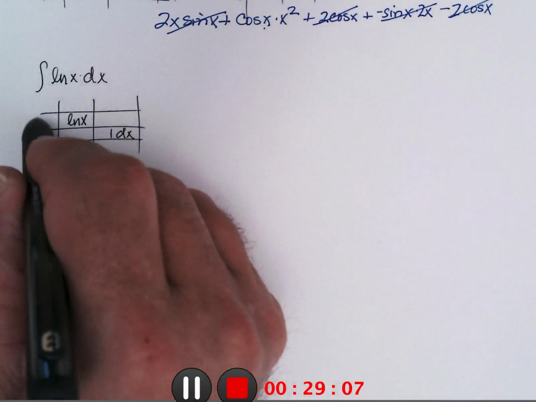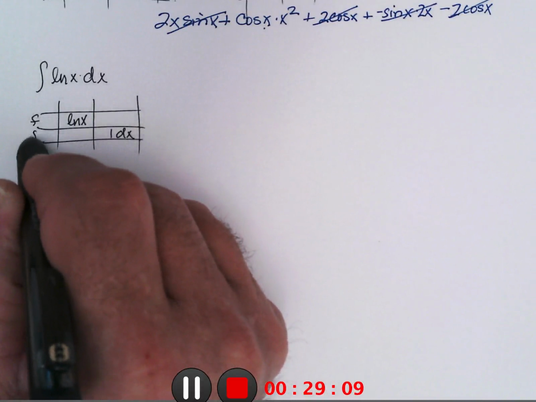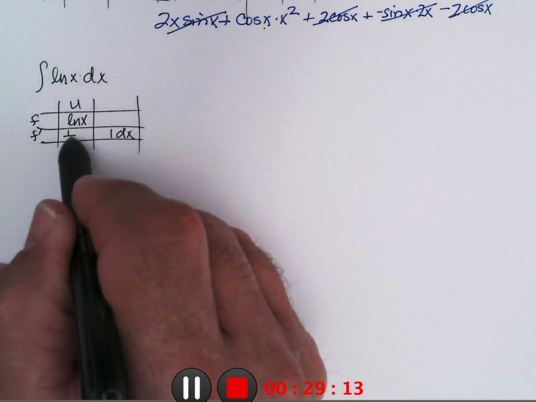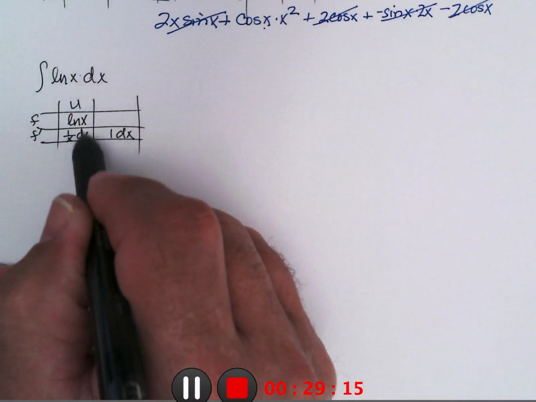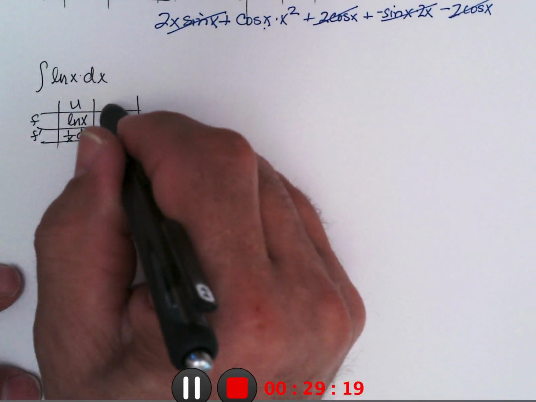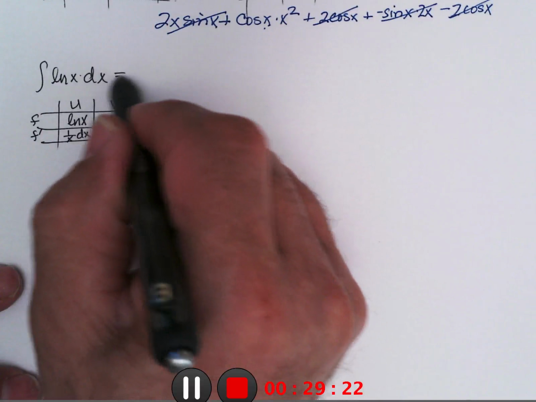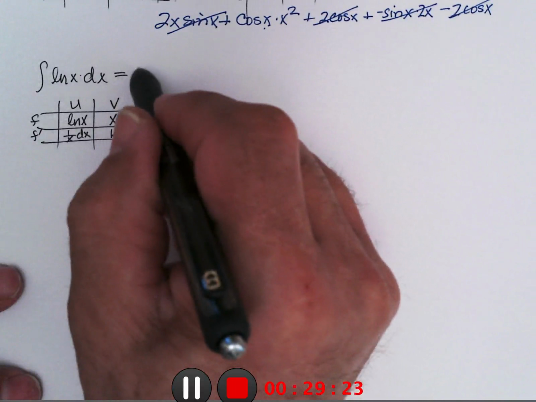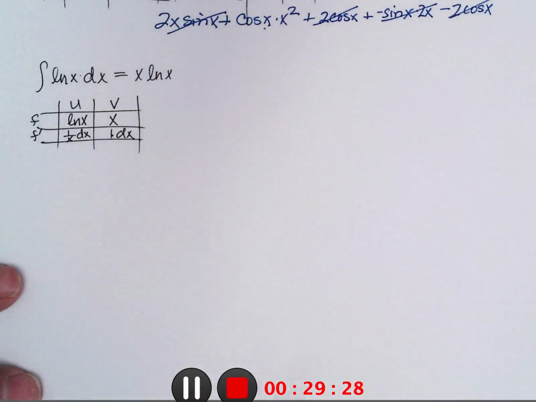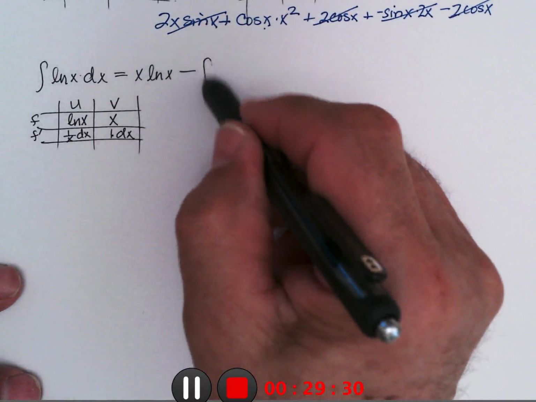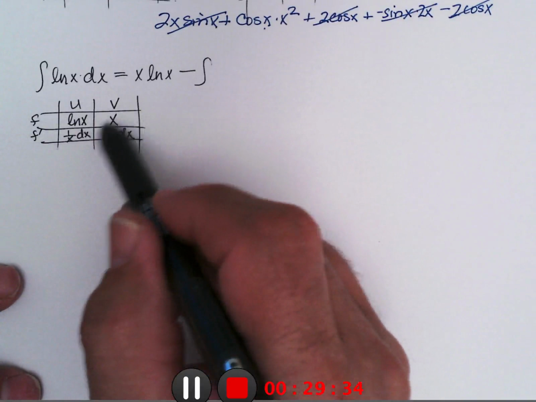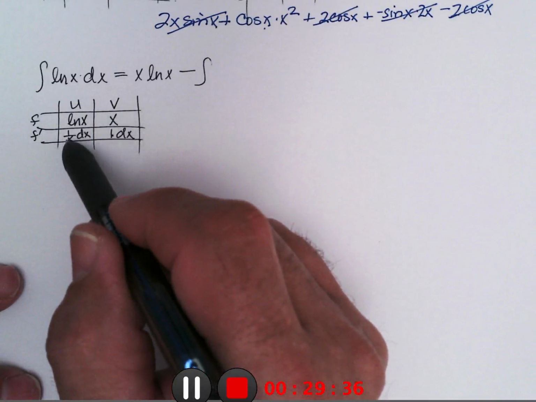So f and f prime, this is u. The derivative is 1 over x dx. The antiderivative of 1 is x. So this becomes x ln x minus the integral of not these two, but those two. x times 1 over x is 1 dx.